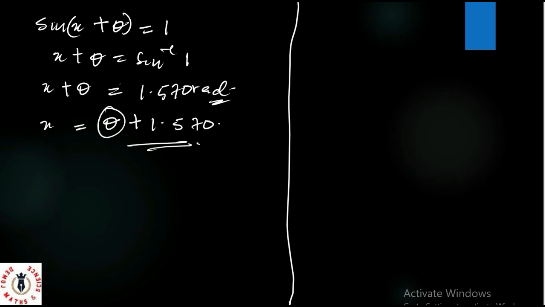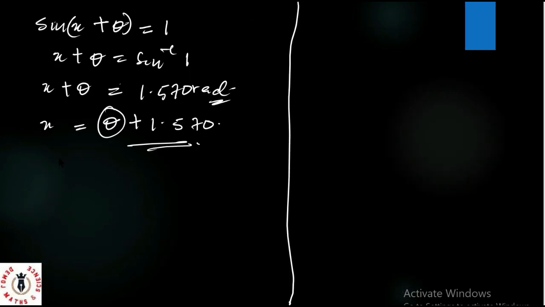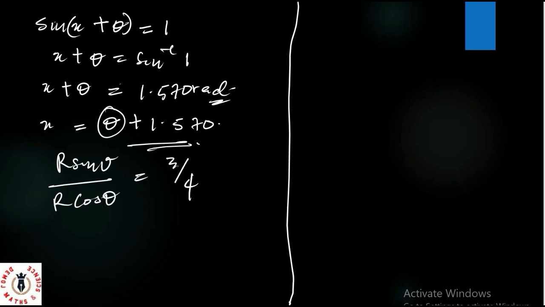Let's get back into our equations. Remember that r sine theta is equal to 3 and r cos theta is equal to 4 from equations 1 and 2. If I divide both equations by themselves, I'll come to tan theta. So that r sine theta over r cos theta will be equal to 3 over 4. The r cancels r here.